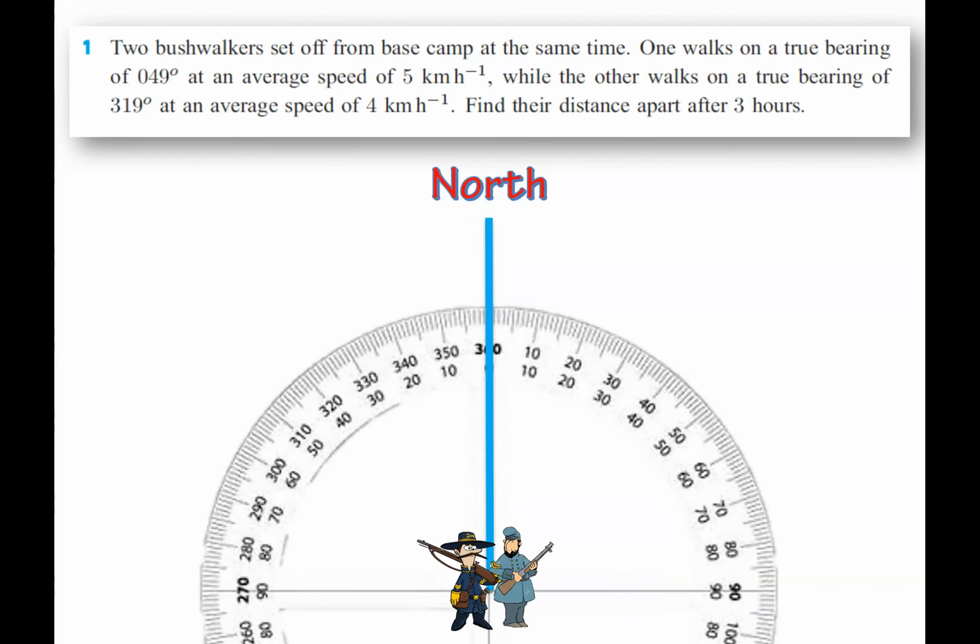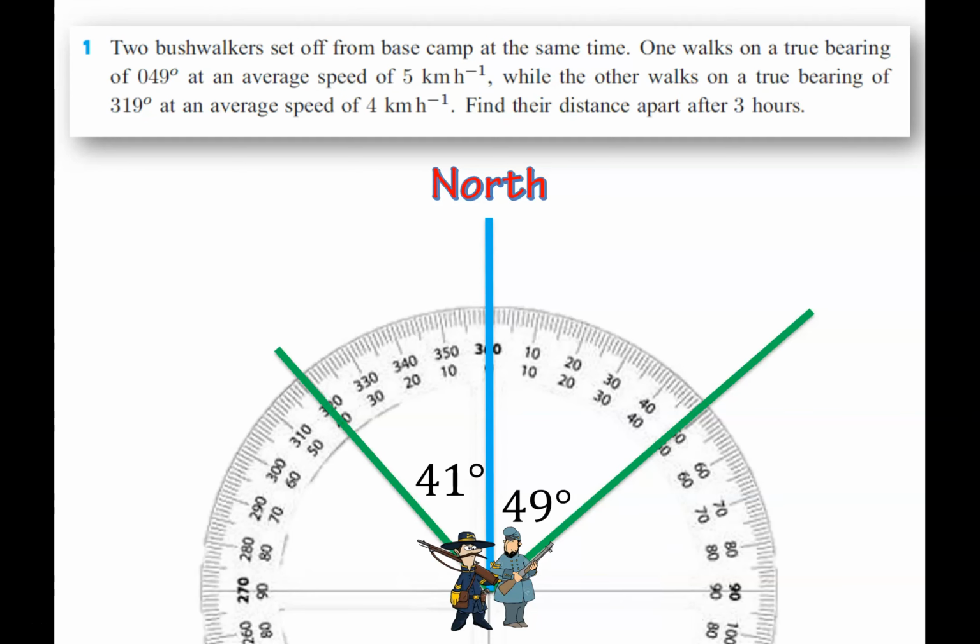So here we go. I drop a compass down, or a protractor, drop a north line down because I'm comparing to north. And what do we have? One goes on a direction of 049 and the other one goes on a direction of 319. Now, why do those numbers exist, those 41 degrees and 49 degrees? Well, the fella who went on a bearing of 49, that's pretty clear, because he started at north and went in a direction of 49 degrees.